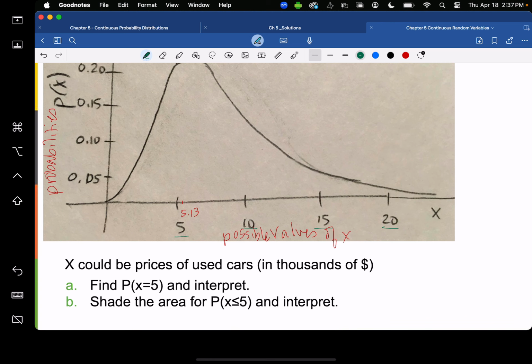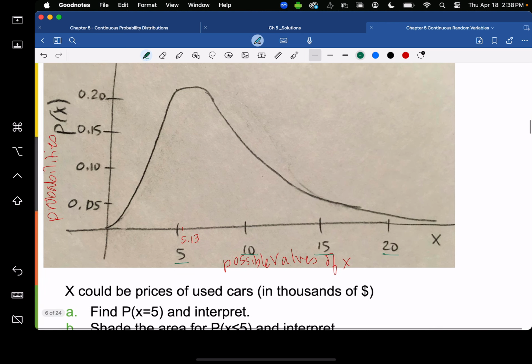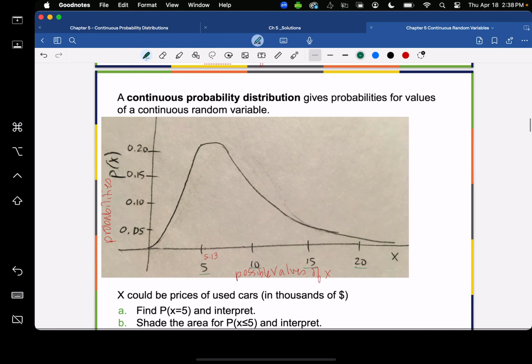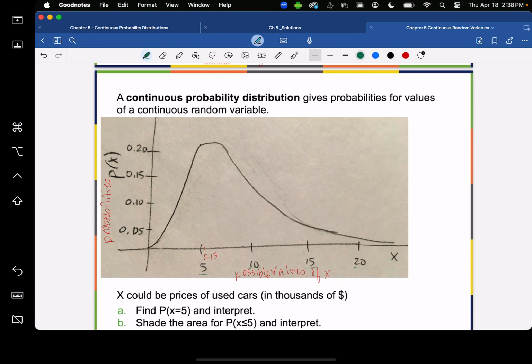What is the probability that X is equal to 5? Well, one thing that we're going to learn in these continuous probability distributions is that we're looking for areas. The probability of a car costing exactly $5,000 is actually pretty low. So the area shaded is 0.